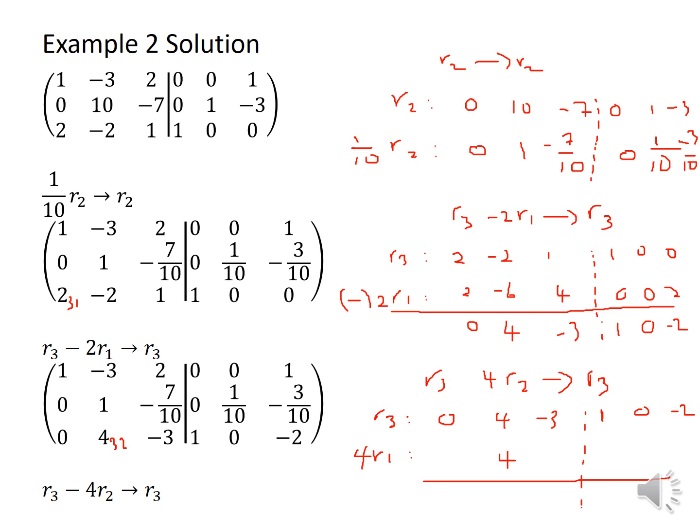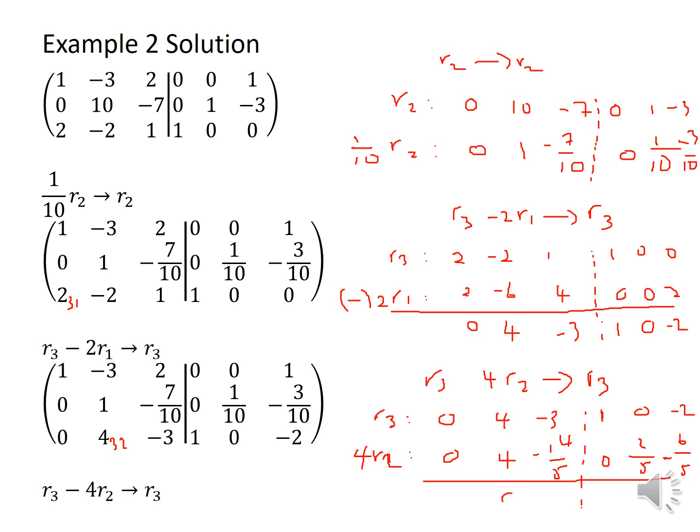Sorry, this one is R2. 4 multiply R2, 0, 0. 1 multiply 4, 4. And negative 7 over 10 multiply 4 is negative 14 over 5. 0, 2 over 5, and negative 6 over 5.